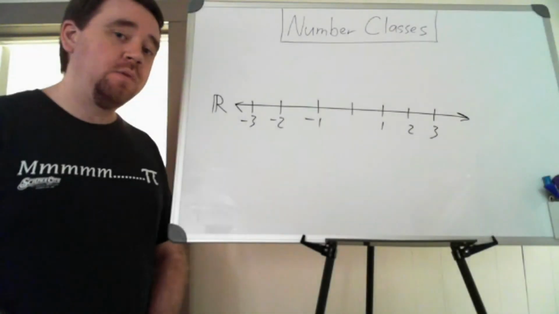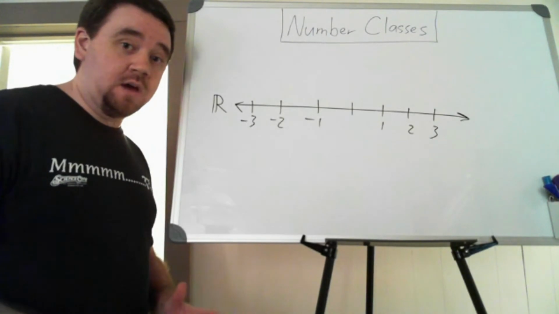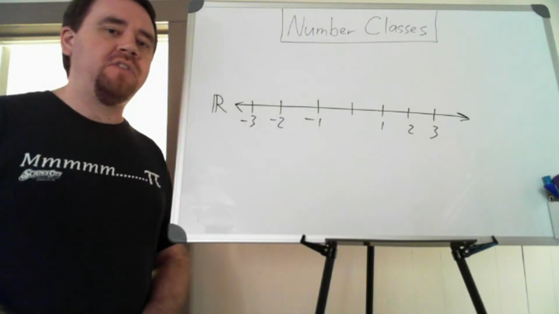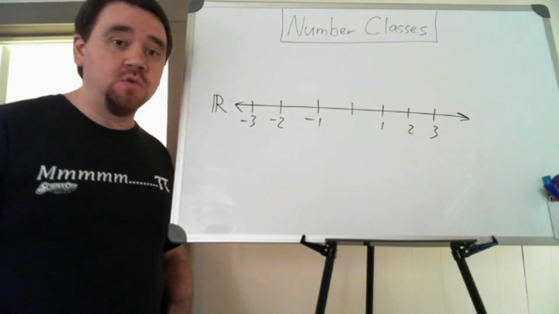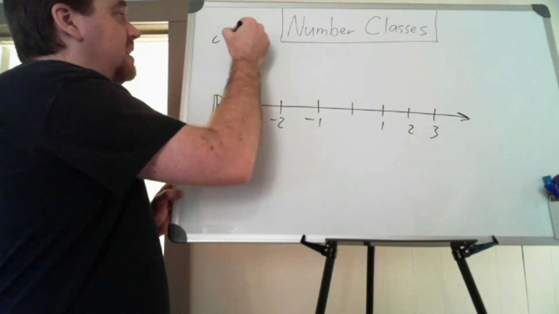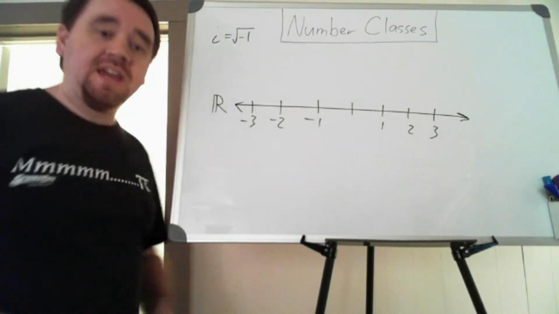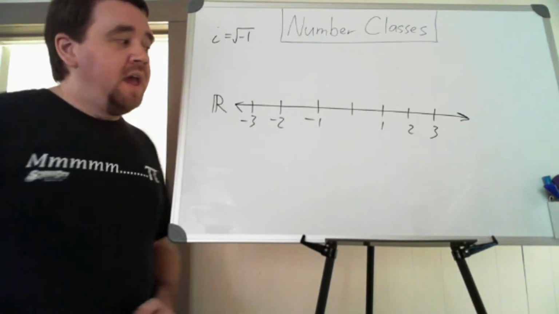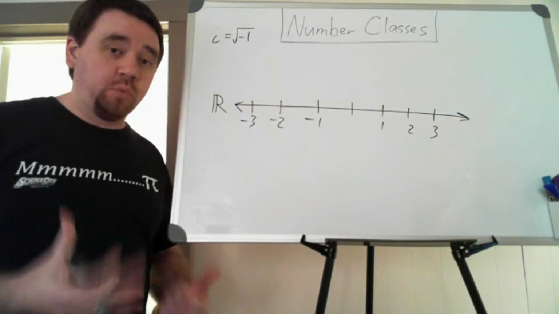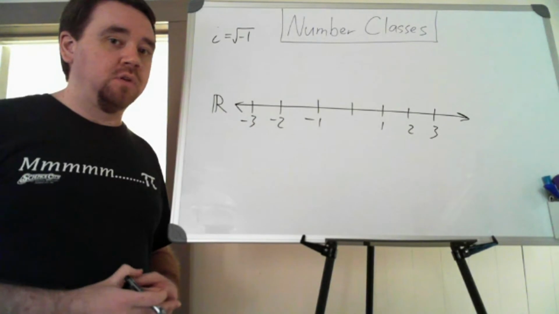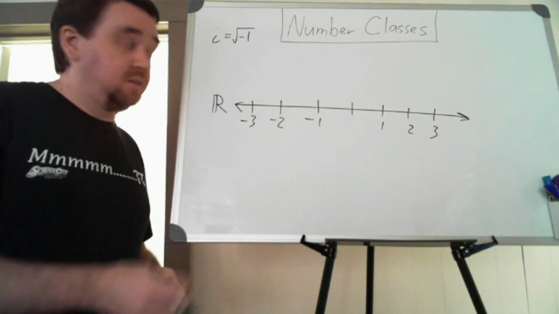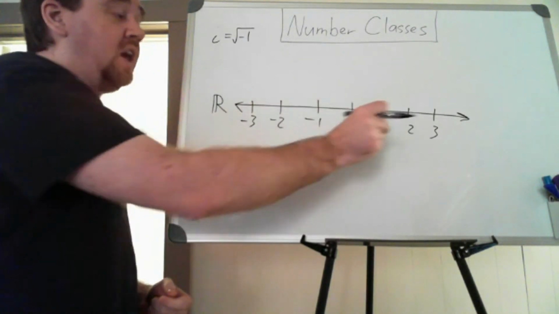All right, here we've got our number line again, or now, more accurately, our real number line. And we've talked about this idea of an imaginary unit, where we basically defined this quantity i to be equal to the square root of -1. And we know it cannot exist anywhere here on this real number line because it's not a real number, because the square root of any real number must come back to being real in order for it to be on this line.